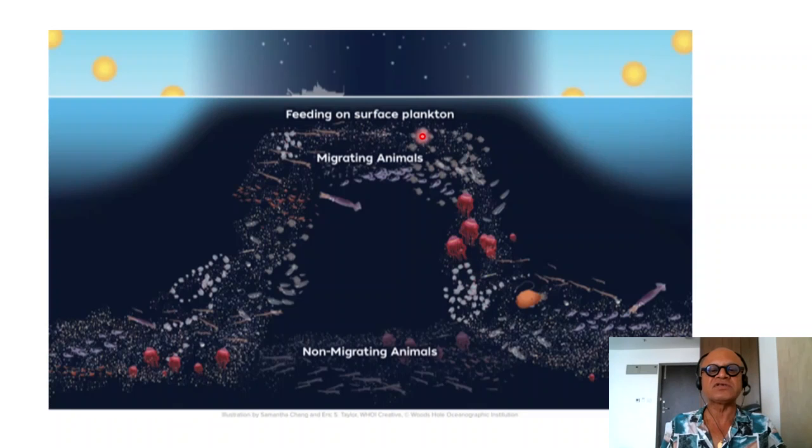So feeding on the surface plankton, migrating animals, and non-migrating animals that remain at various levels and just wait for food to come down or rely on other animals that migrate up and down to catch food.